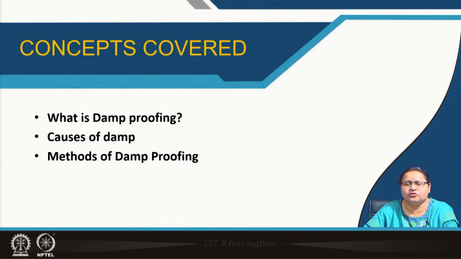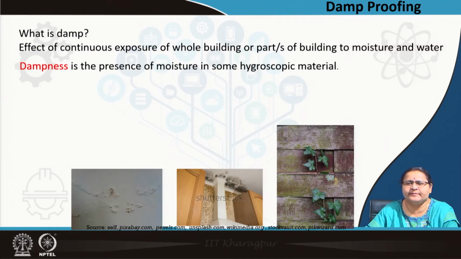So, we need to know as architects which are the possible points which can cause damp. And then finally, in this beginning lecture, we will just mention the various methods of damp proofing. So, as you all know, all building materials are absorbent of water.